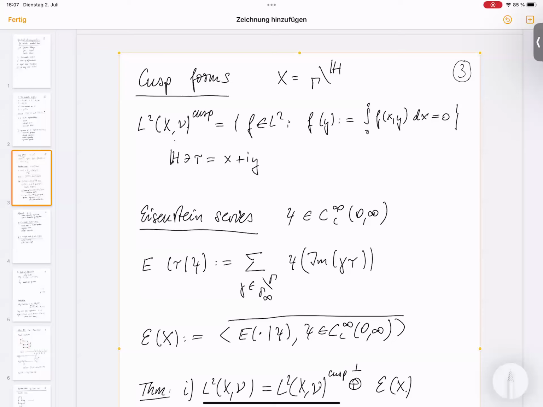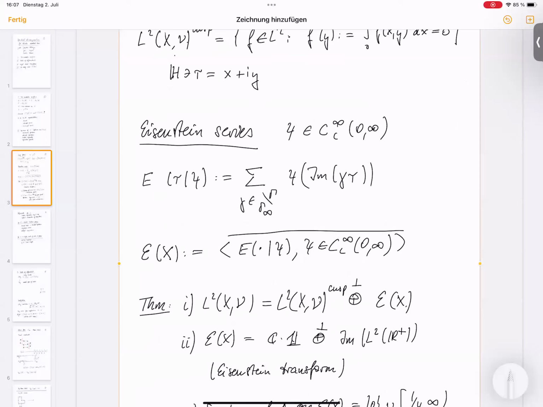And actually, I want here truncated Eisenstein series. So for a function psi with compact support in (0, infinity) that will serve as a truncation function, I consider the usual summation over gamma in the cosets of gamma by gamma infinity, the stabilizer of the cusp at infinity. And instead of summing just the imaginary part of gamma tau, I will truncate that by a function psi.